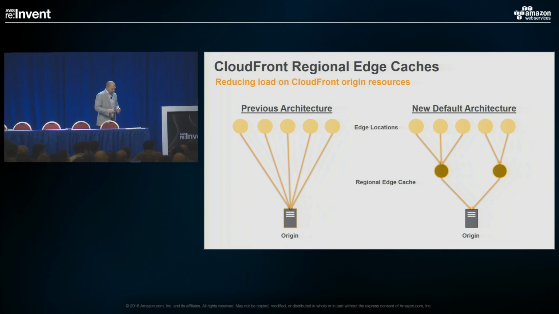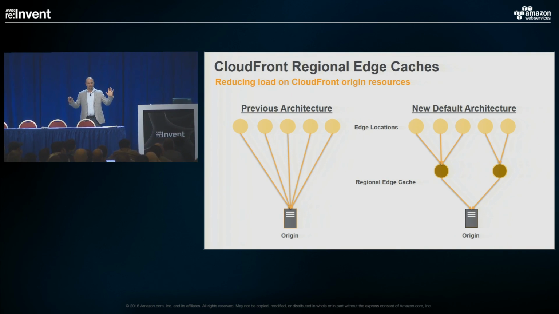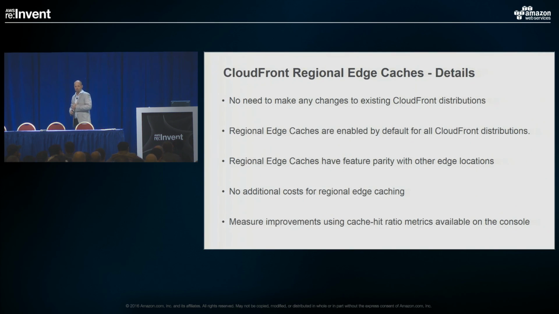For example, location A and location B are close to each other. Location A requests content, didn't have it, goes to the origin and gets it. Location B, which may be just in the next state, requests that same piece of content. Before, we would go back to the origin. Now, because we've already populated the mid-tier, we just go to that mid-tier and deliver it. So we do a couple of things there. We reduce the load on your origin.